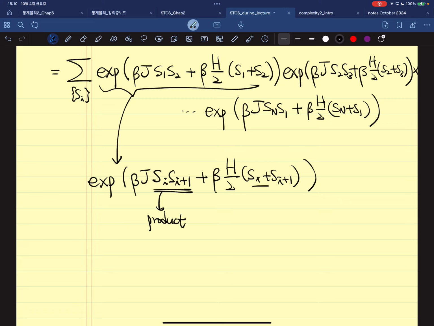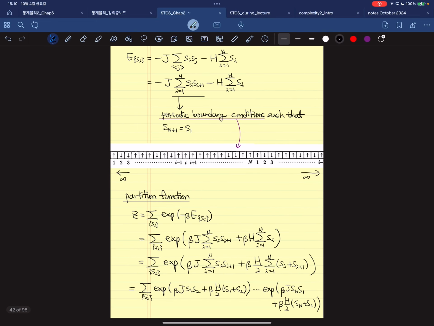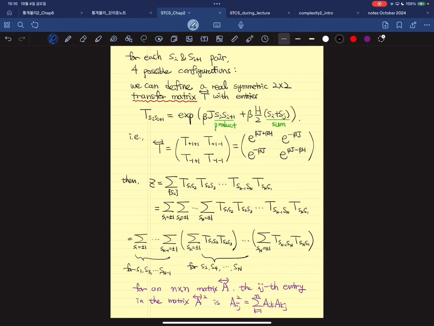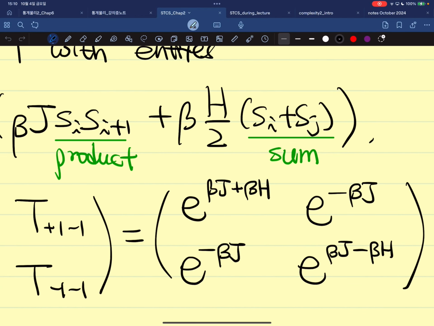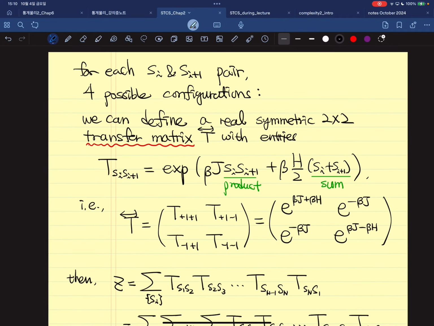I think I have to read this one as well. So I have two typos, so I have to update it.